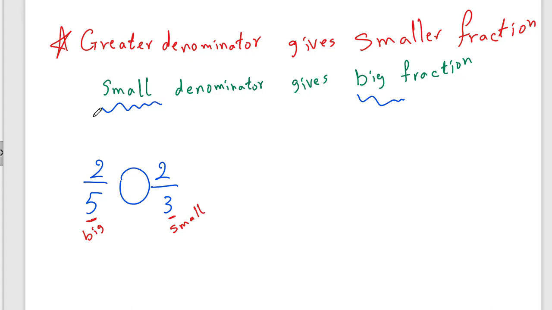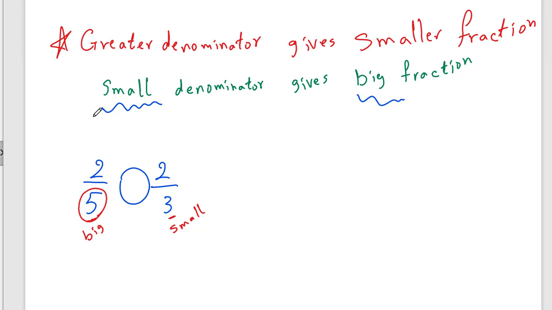So the greater denominator is 5, and the bigger fraction has the small denominator.